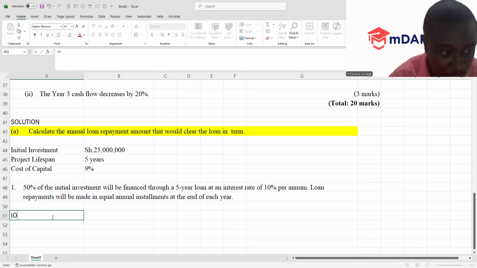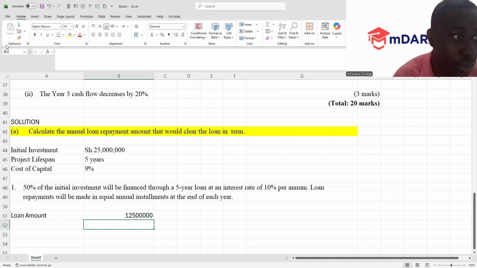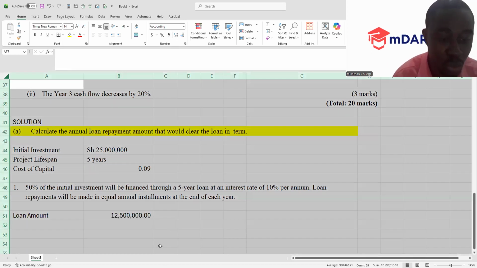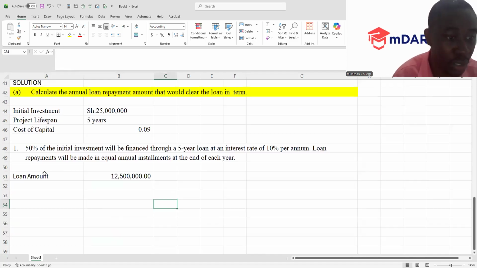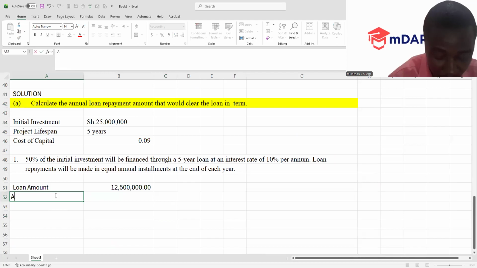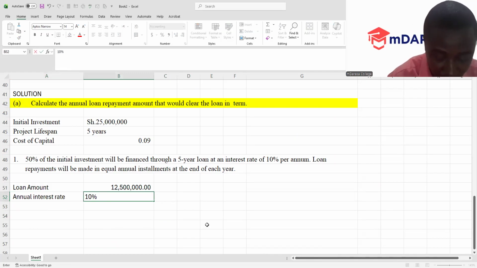So the loan amount will be 50% of 25 million, that is 0.5 times 25 million. Right now, the loan you're going to take will be 12.5 million. What about the annual interest rate? You're given a value of 10%, so you take 10%.